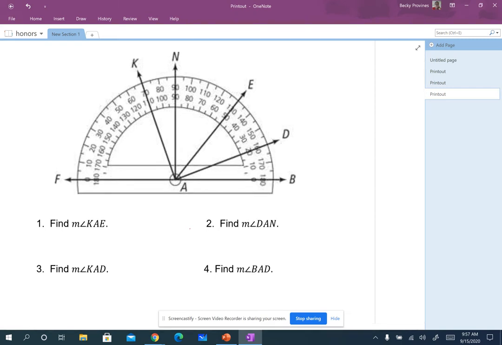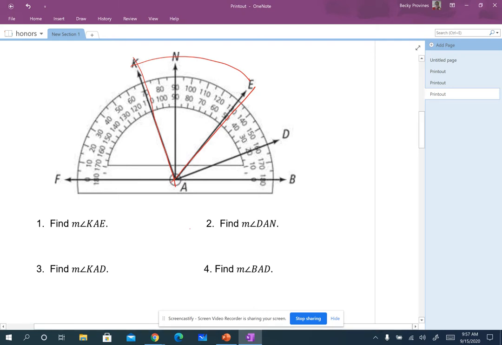Moving on. When you have a protractor like this, we're going to just subtract and get the answer. That's it. KAE, so connect the dots. KAE. You're finding this measure right here, which my answer should be less than 90 since that looks acute.